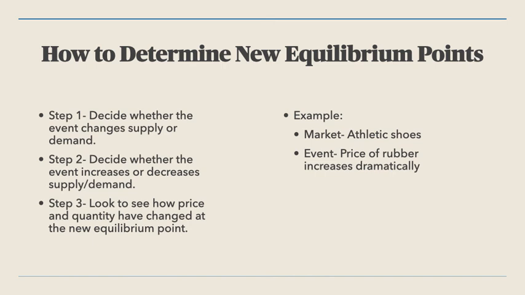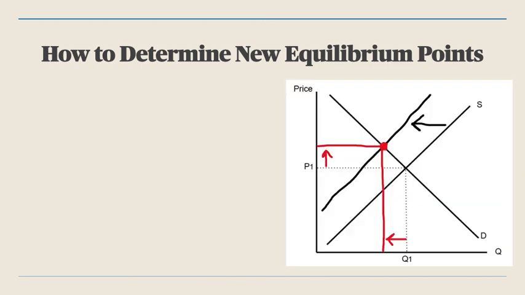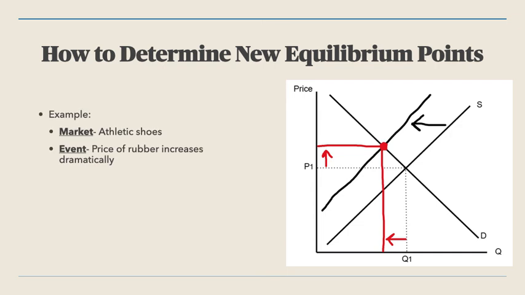So now we have to figure out how that's going to change the price and the quantity. So if athletic shoes are the market and the price of rubber has increased dramatically, supply is going to decrease. That means it moves to the left. The whole line moves to the left, back towards the y-axis.